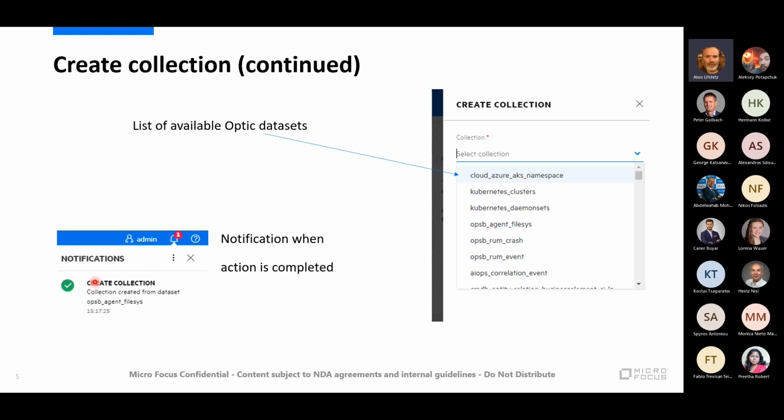Sometimes it's yellow or red, which means that it has errors or it failed. Not all the time you will see the notification. Sometimes it's gone. If other notifications get into the system, yours is going to disappear and you will not see it. Then you need to find out by yourself if it was created or not.